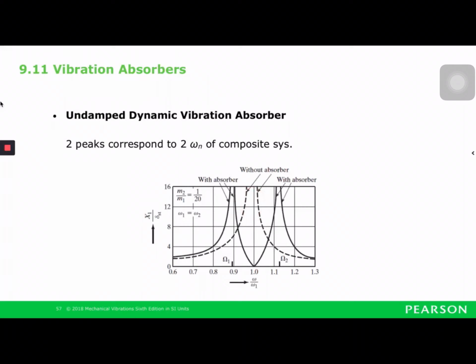So if we introduce absorbers, it introduces two separate natural frequencies. If we look at this example, if our operating condition is at 1.0, then the amplitude is basically 0, right? So this range is safe for the operating condition.